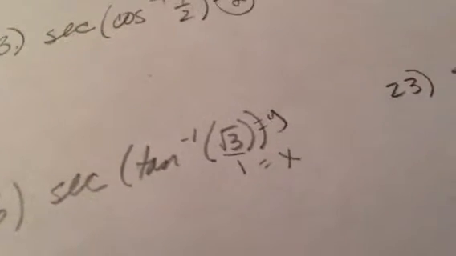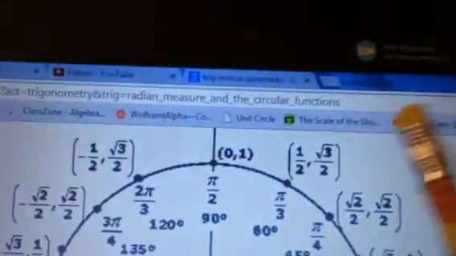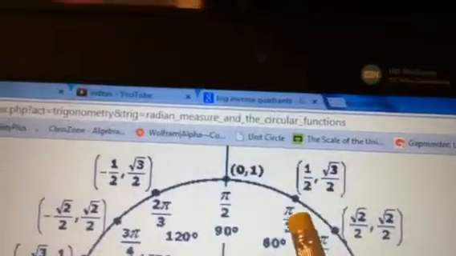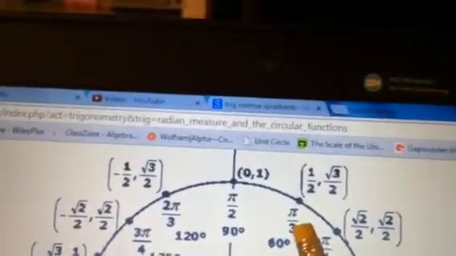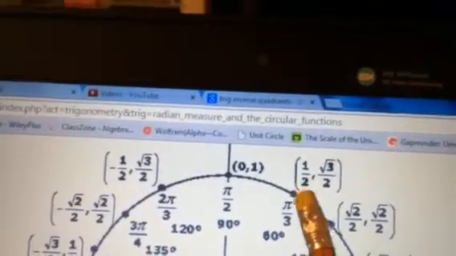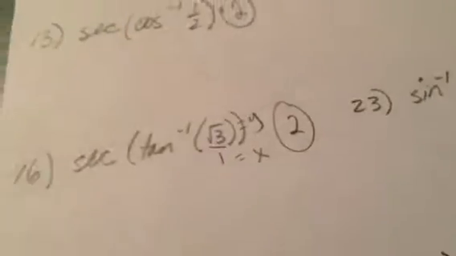Let's just look at this. If the y value is √3 and the x value is 1, and again the denominators cancel, I know I'm up here at pi over 3. So if it wants to know the secant, that would be the x value flipped, which would just simply be 2. That's the answer for that one.